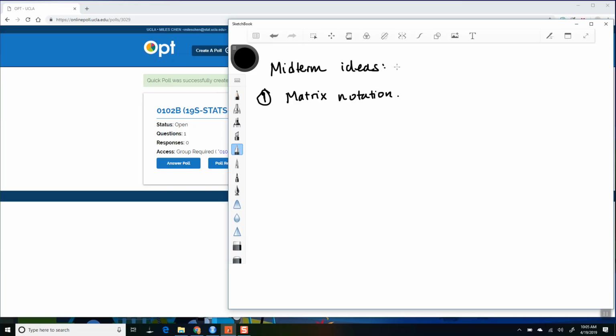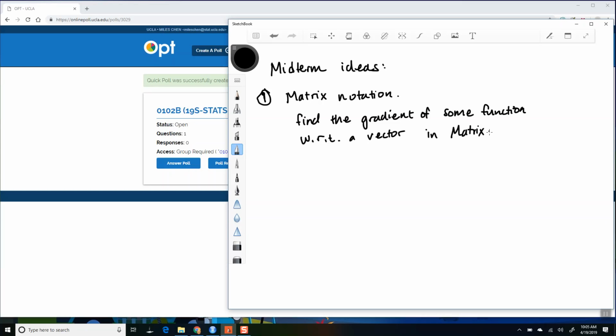I'll probably ask you to find the gradient of some function with respect to a vector, in matrix notation.